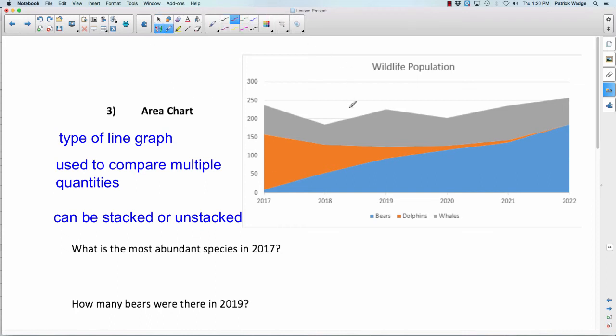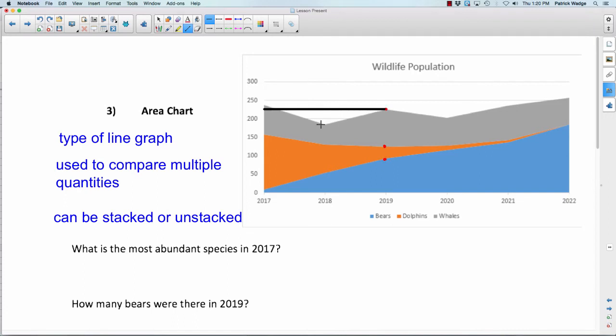So for example, I'm just going to take a few points. In 2019, that would be the point, and that would be the point, and that would be the point, right? If this was unstacked, and we wanted to know how many of each species there were in 2019, we'd just measure across from here.